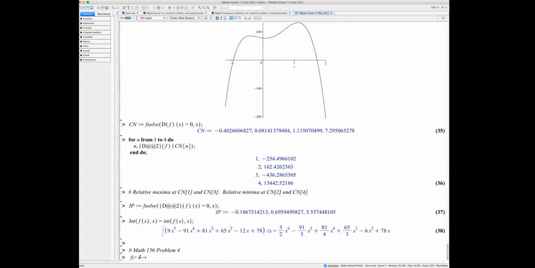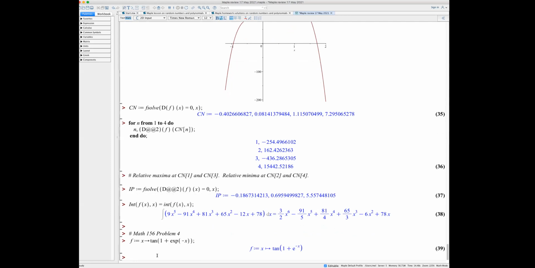x goes to, oops, this has to be a colon. f goes to the tangent of 1 plus exp of minus x. Okay.